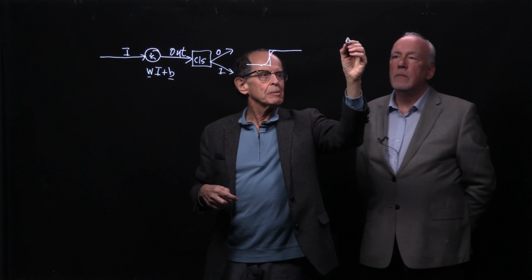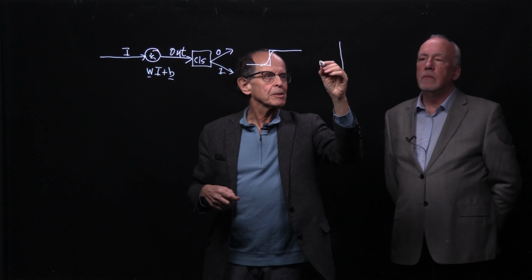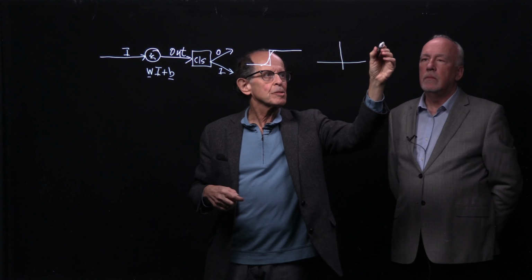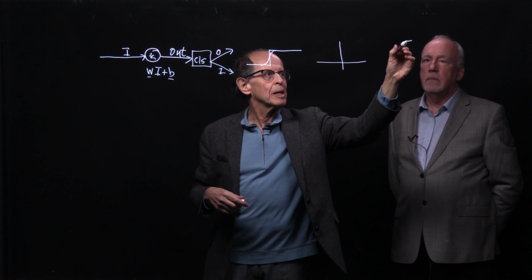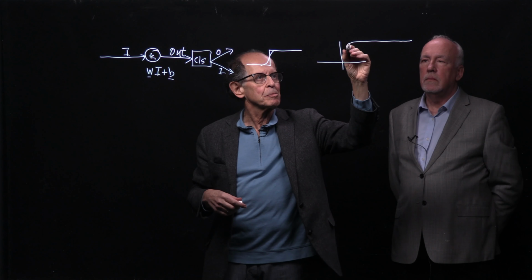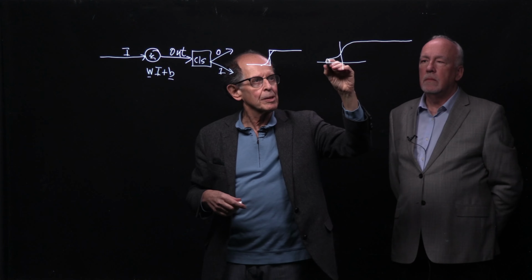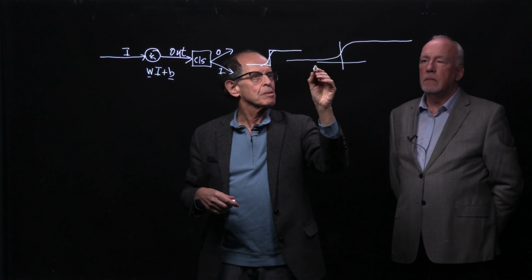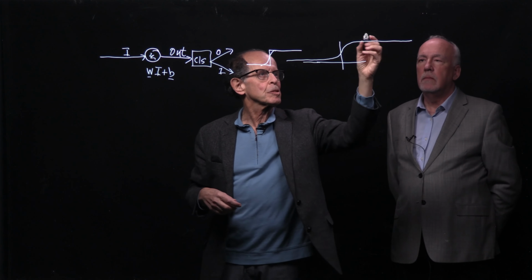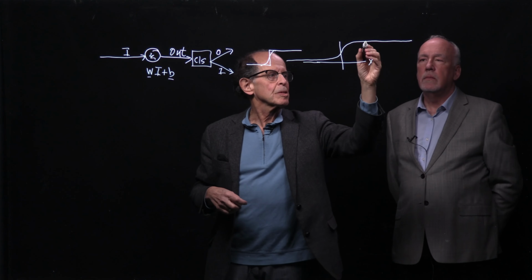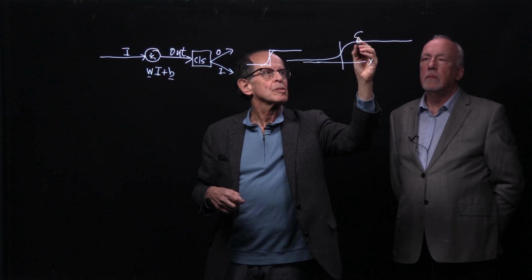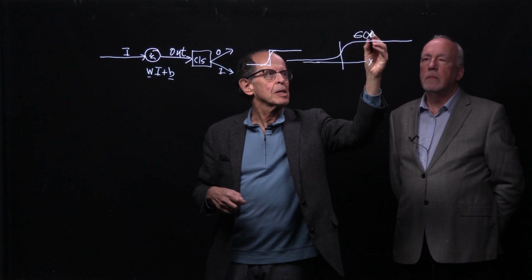So what we have is a different function that starts at infinity, it's 1, and then it gradually comes down and then goes off to 0 at minus infinity. This is x. What we see is sigma of x.